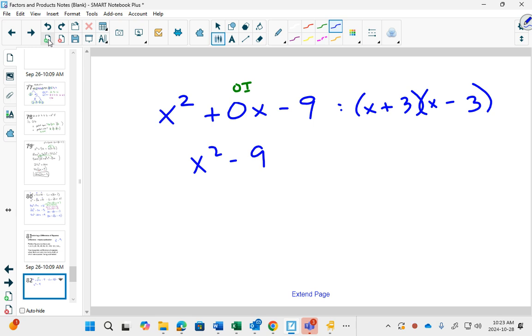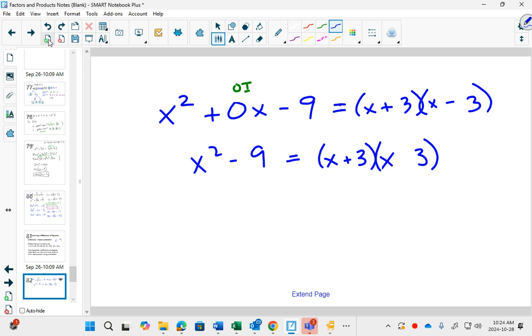But what makes differences of squares unique is that 0 is gone. So people don't think of it as a trinomial because there's only 2 things, and then they get stuck. But if they recognize this as a difference of squares, a difference of squares always has the x and the x, and it's a square, so it has to have a 3 and a 3.